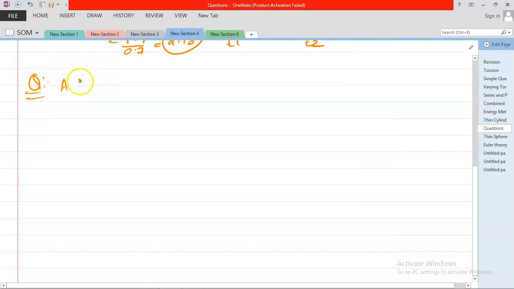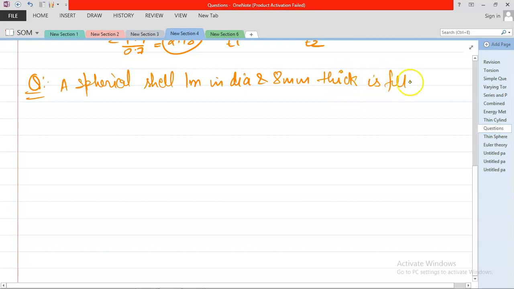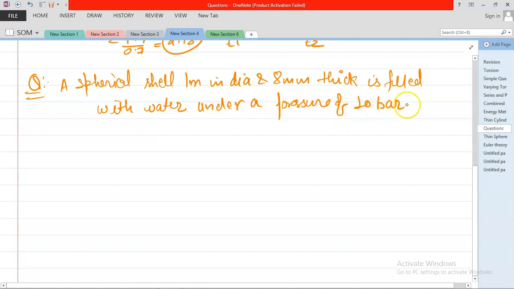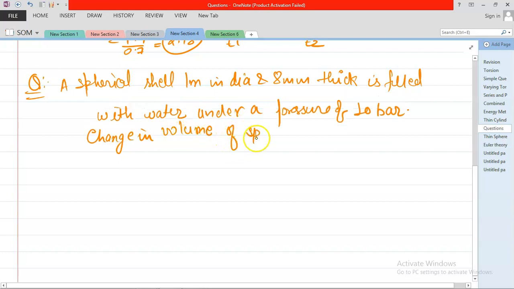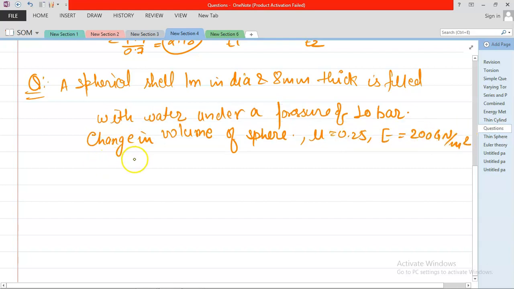It is given a spherical shell 1 mm in diameter and 8 mm thick under a pressure of 10 bar, and you need to find the change in volume of the sphere. You are given mu as 0.25 and your E is given as 200 giganewton per meter square.